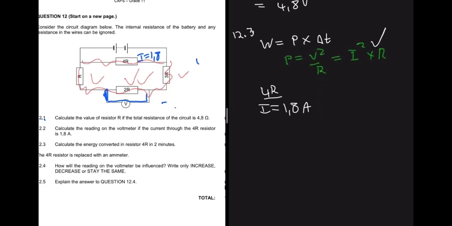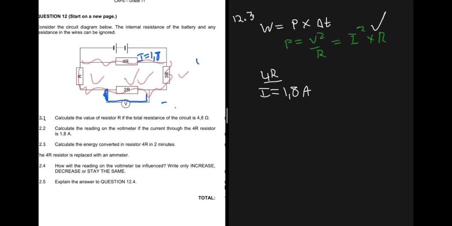And then it says in 2 minutes. We know fully well in physics we deal with seconds, so we're going to convert that 2 minutes to seconds. So now we're going to have W equals I squared multiplied by R multiplied by the change in time. What is I? I, we said, is 1.8.